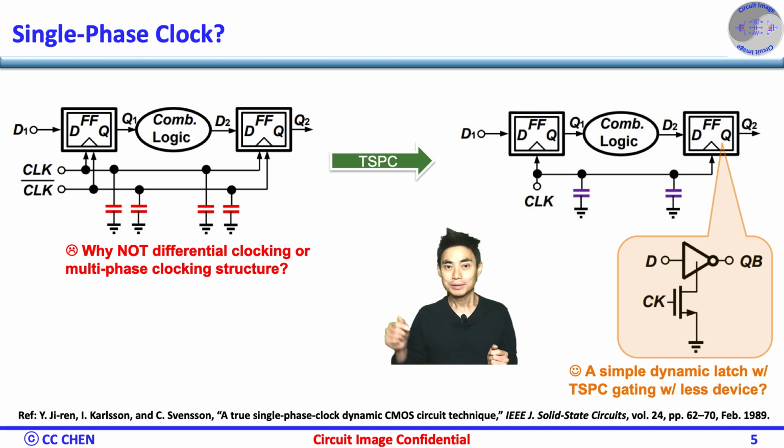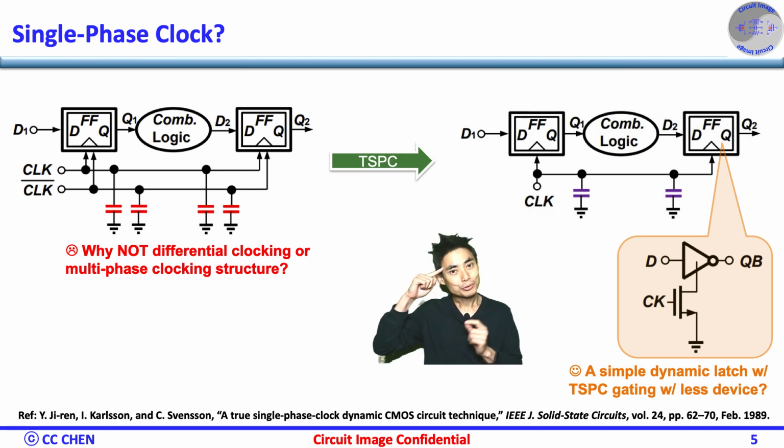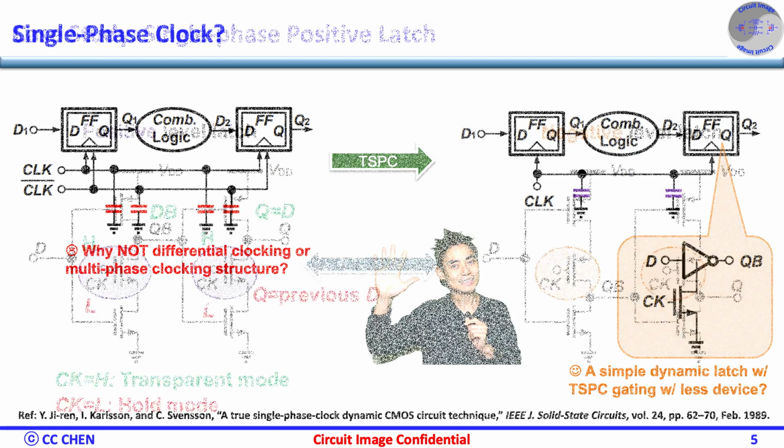Also, to make fewer transistors, we could also use the stack device in an inverter with a clock switching to implement a simple dynamic stage with a single clock device. Think about your own single-phase clock latch for 5 seconds.